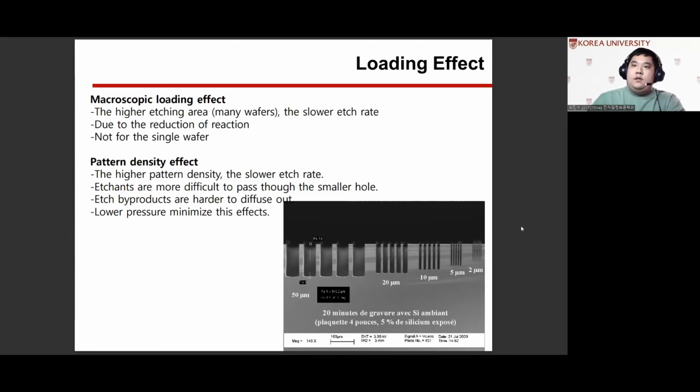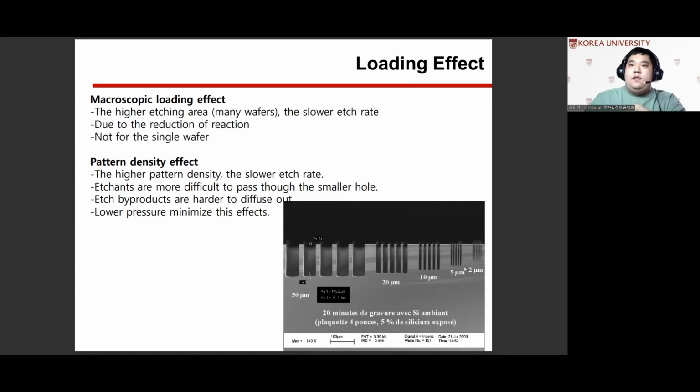So with this difference in denseness, for dense structures the etch rate is slow, and in places that are not dense, the etch rate is faster.